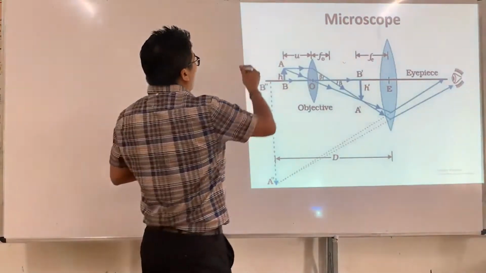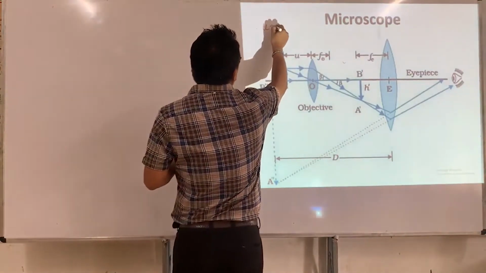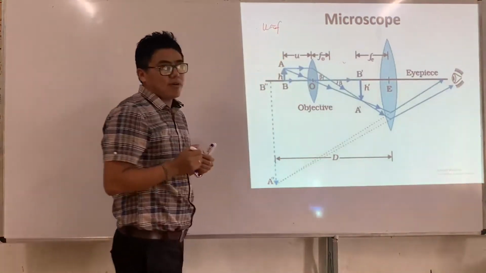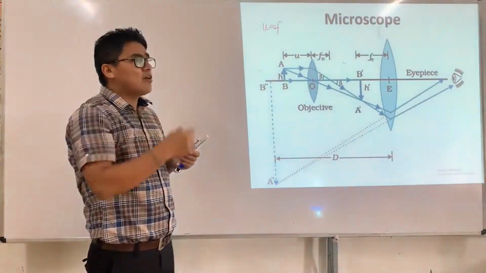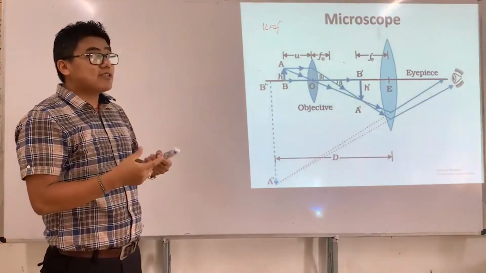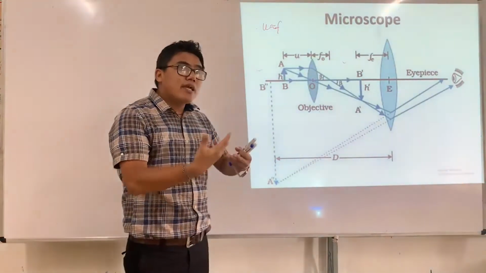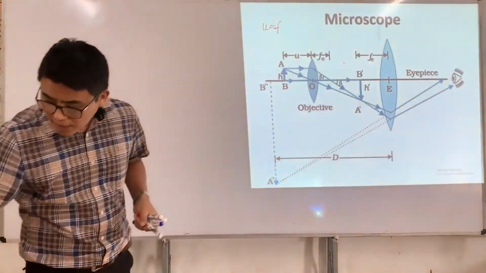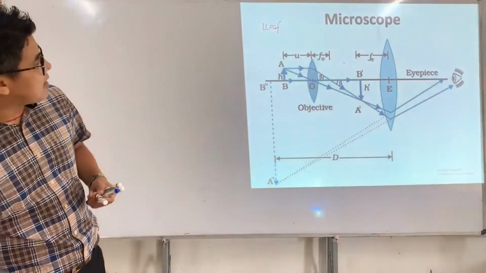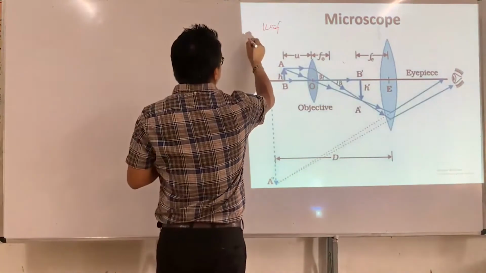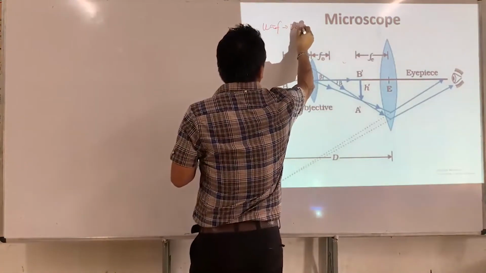That means the object distance is almost equal to the focal length. Since the object is just beyond the focal length, the image is going to be enlarged. And let's say this is the image distance, and this is the object distance.